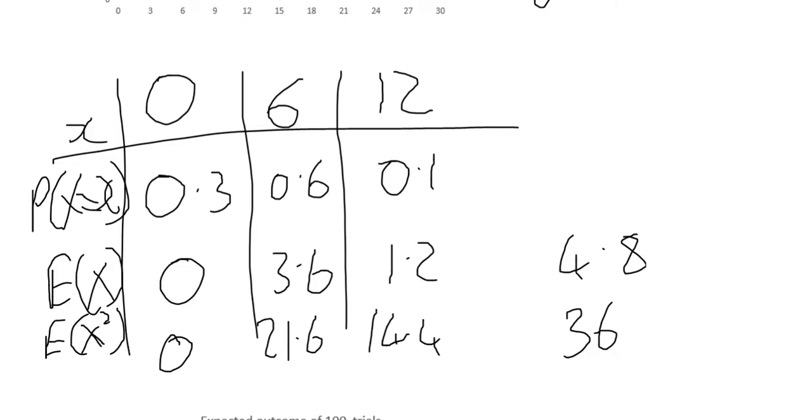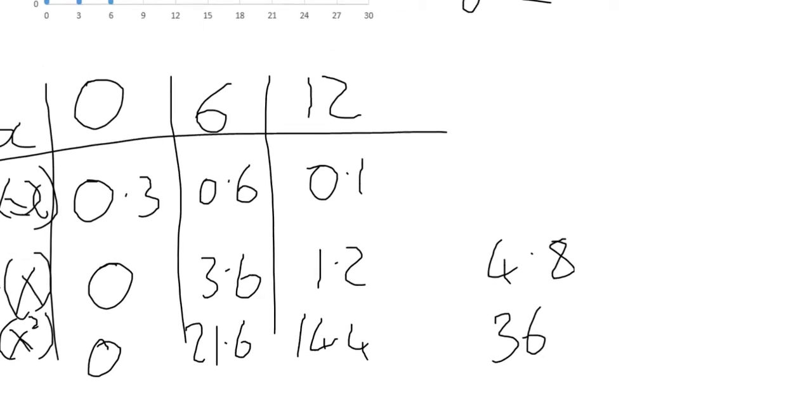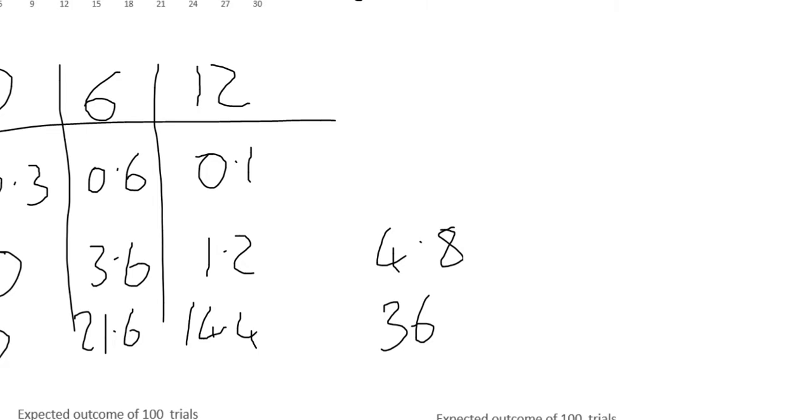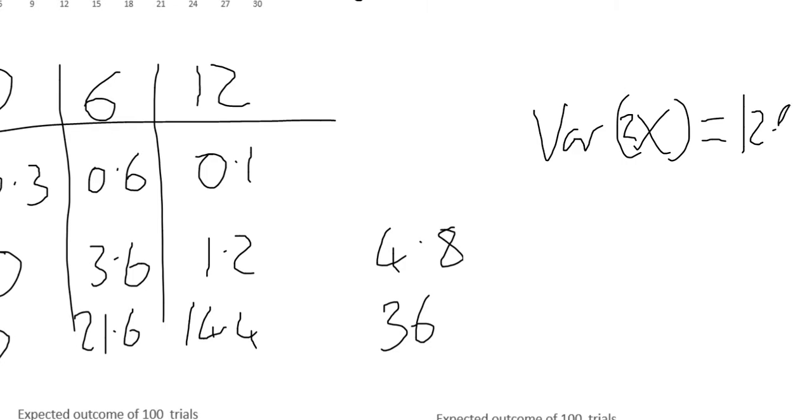All right, and so then if we do that to find a variance, the variance of 2x, because we've multiplied everything by 2, is 12.96, and the standard deviation is 3.6.